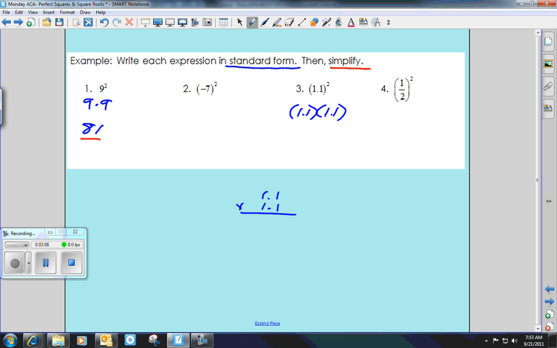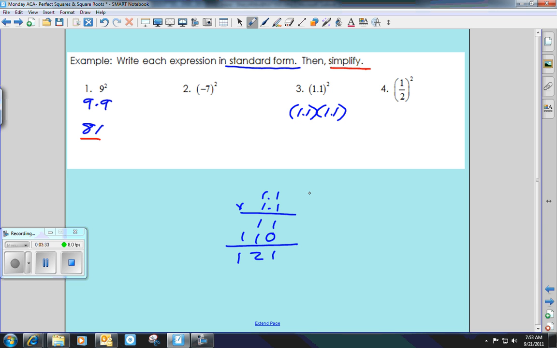Let's review our multiplication with decimals. So we're going to do 1 times 1 and 1 times 1. Put a 0 in for the ones place. We're done multiplying with the ones place. Now we're going to multiply with the tens place. So we'll start here, or what would be the tens place if we didn't have decimals. This will be 1, and that'll be 1. You add them up.